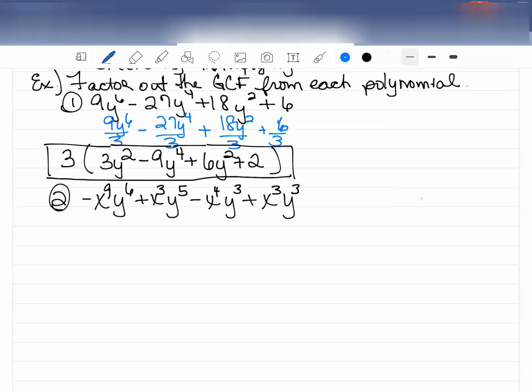We're going to always take that negative out with us as part of the greatest common factor when that negative is up front. And we call that factoring out the negative.